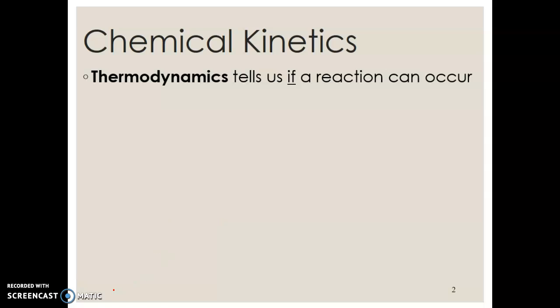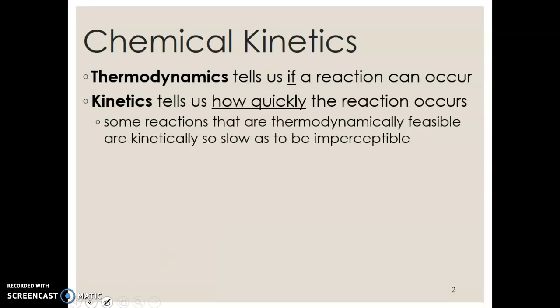So that's what thermodynamics tells us. Kinetics tells us how quickly the reaction occurs. Some reactions that are thermodynamically feasible or favorable are kinetically so slow as to be imperceptible. So we cannot view these in our lifetime, kind of like the diamond that we talked about.